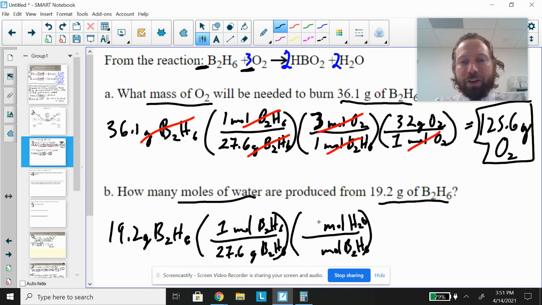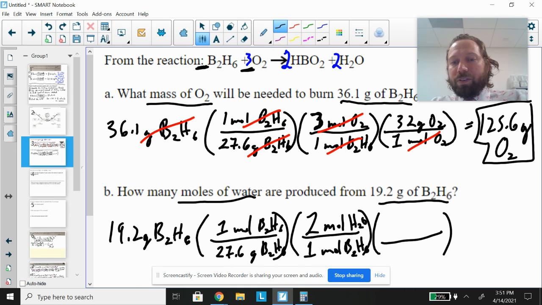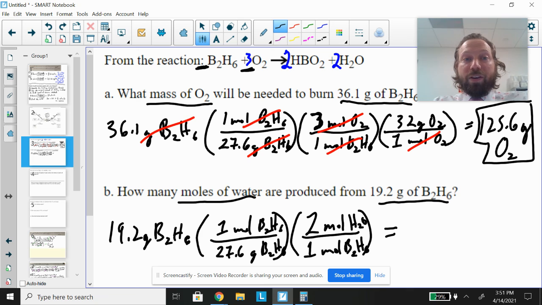I notice that water has a 2 in front. For every 2 moles of water produced, I need 1 mole of B2H6. There's no 1 in front there, but if there isn't anything written, we assume there's an invisible 1 that's there. And last but not least, just kidding, last but not least, we are done. We just have to solve because guess what? We just ended our last step in moles of water, which is exactly what we want to end with.